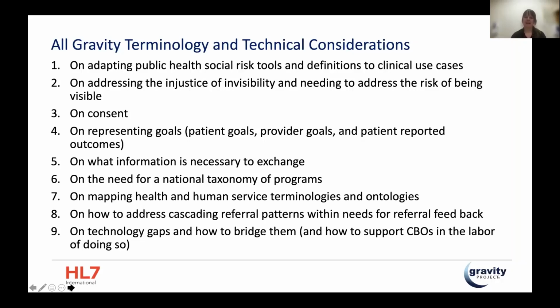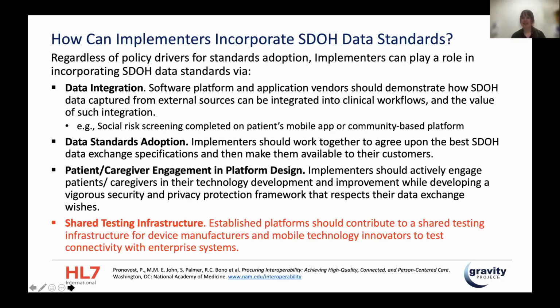And then this is a slide on how you could incorporate data standards into your work. This is again the work of the HL7 FHIR Implementation Guide. So, standardized social risk screening, as Dr. Pinto was talking about, and adopting standards of data exchange. And then we always want to make sure that we're engaging patients and caregivers in platform design. And then this is a work in progress: shared testing infrastructure.